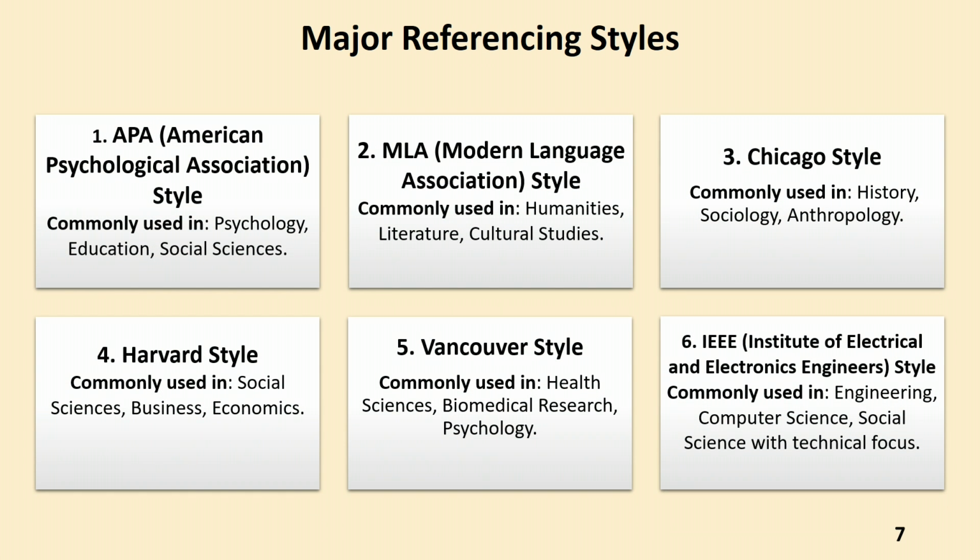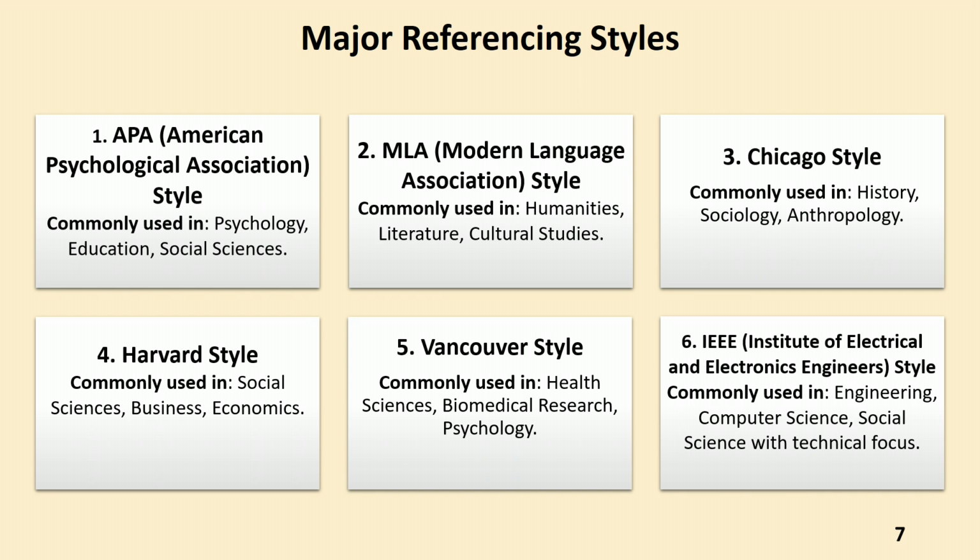There are some famous referencing styles in the field of social sciences. You can see the first one, which is widely used and very famous, commonly known as APA style of referencing. It stands for American Psychological Association style, commonly used in psychology, education, social sciences.